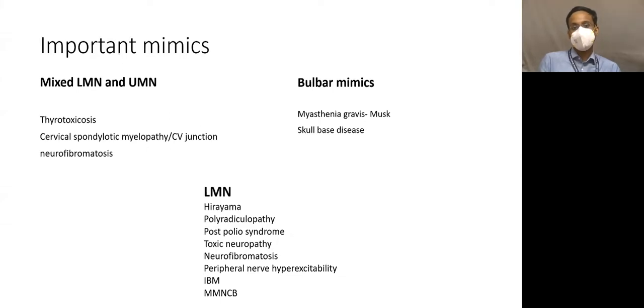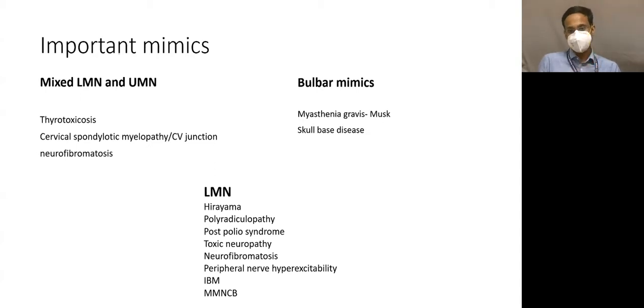The bulbar mimics: the most important mimic that we will always consider is myasthenia gravis, especially the muscle-specific kinase kind of antibody presentation, which happens in the same age group as ALS, 40 to 50-year-olds, predominantly women, and they might not have ocular involvement as the most common presentation.